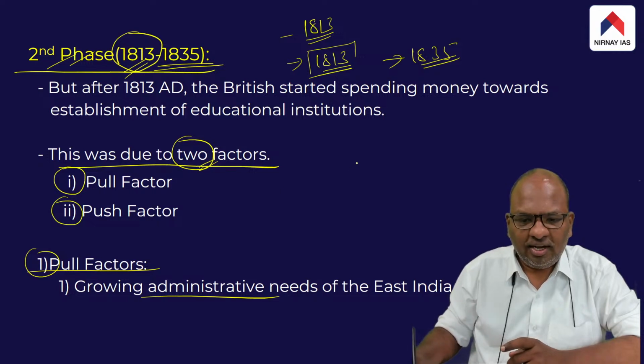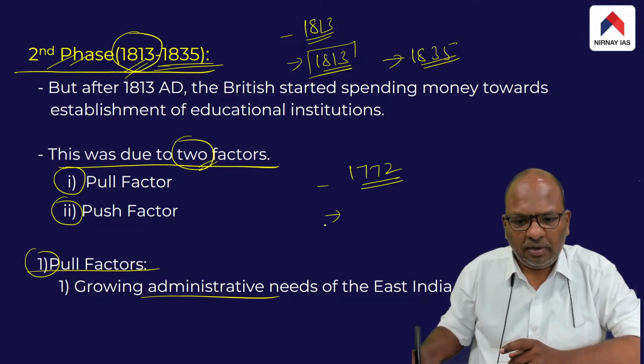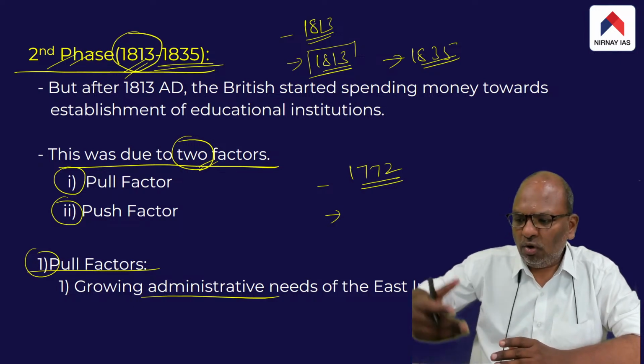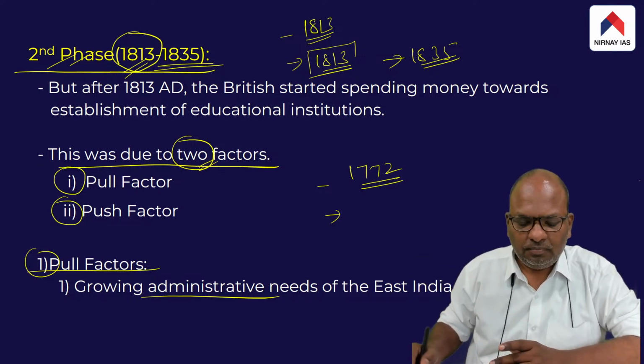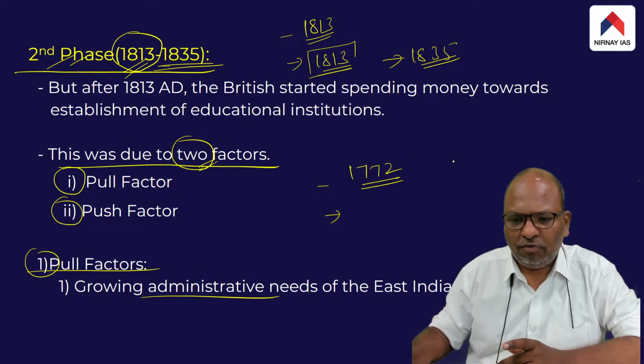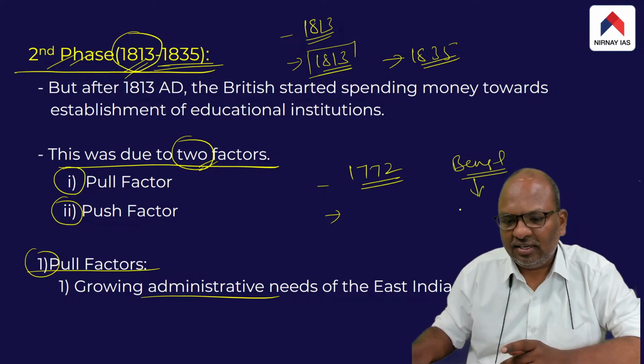I told you East India Company began its rule in 1772, but as time passed, the British began conquering other parts of India. The British first started off with the conquest of Bengal, but going forward, they even conquered other parts of India, like the Deccan, and South India was occupied.